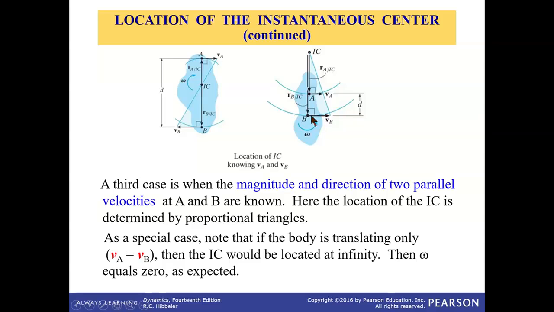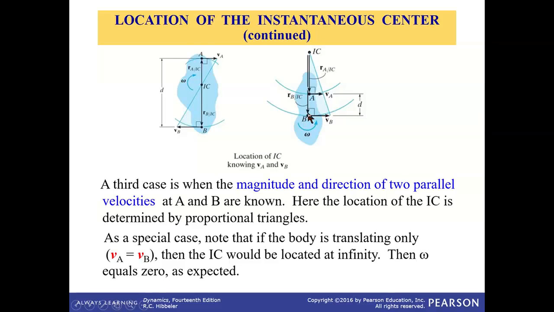Next, we have now two velocities. They both are parallel and point in the same direction, but they have different magnitudes. So point A has a velocity which is right, and point B also has a velocity which is right, but A has less velocity and B has higher velocity. And how do we find, just from these two magnitudes of velocities, the location of the instantaneous center?